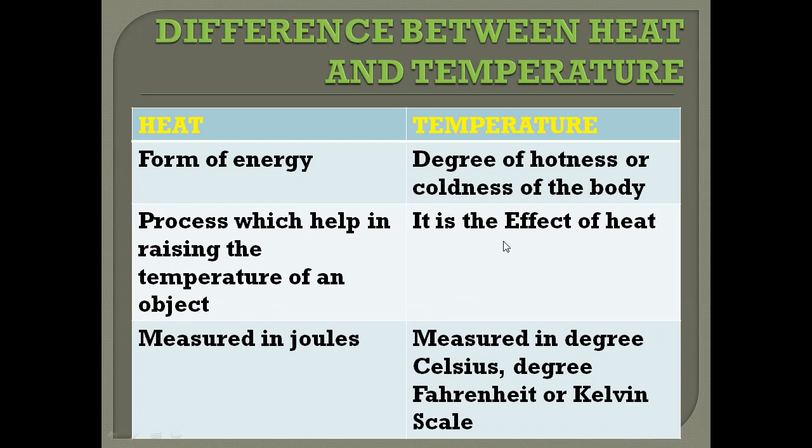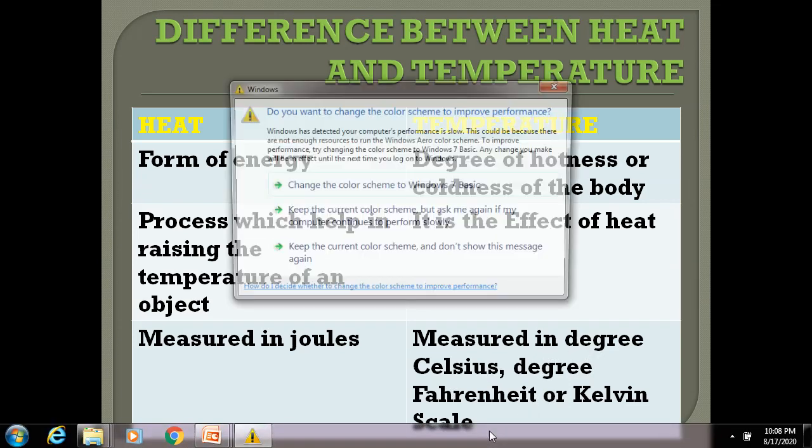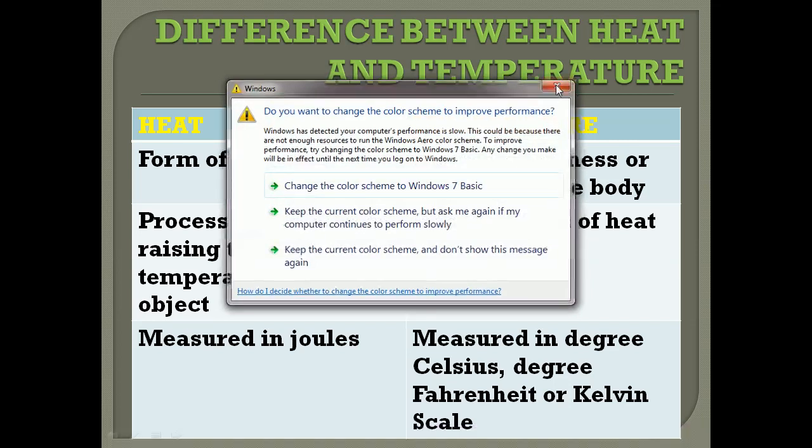Temperature is due to the effect of heat. The SI unit of heat is joule, and the SI unit of temperature is Kelvin. Heat is measured in joules, and temperature is measured in degrees Celsius, degrees Fahrenheit or the Kelvin scale.